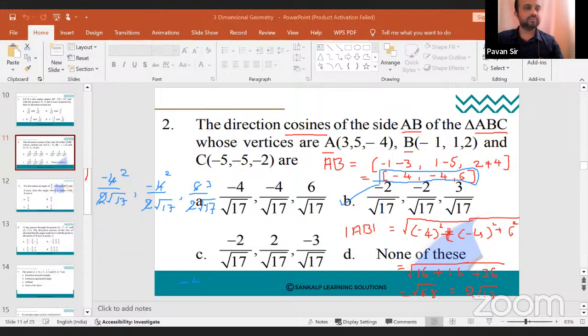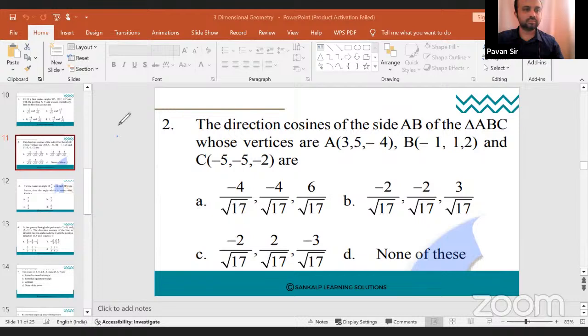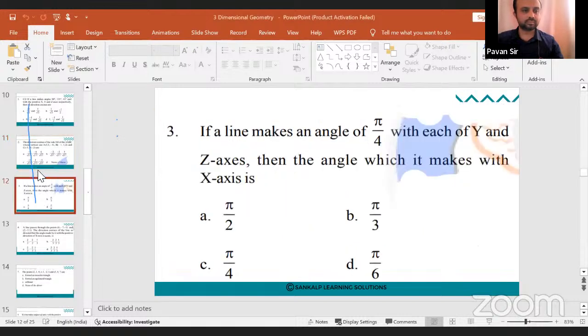Next question. Okay, try to solve now. If a line makes an angle of pi by 4 with each of y and z axis, then the angle which it makes with x axis is what?